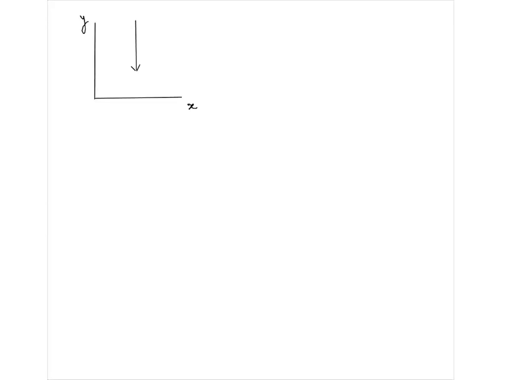For X direction, you can always say that there is no acceleration, so the component of velocity along X direction will never change. That's the advantage of this XY system.